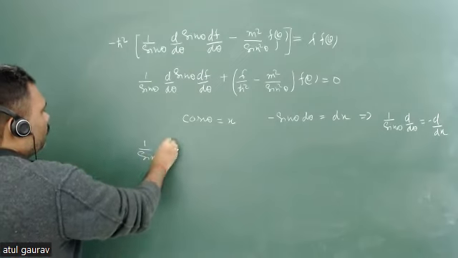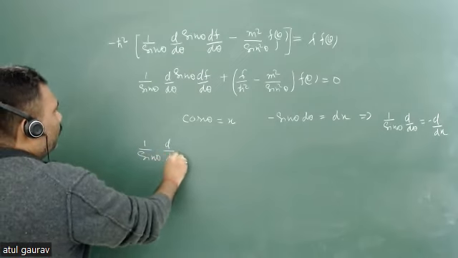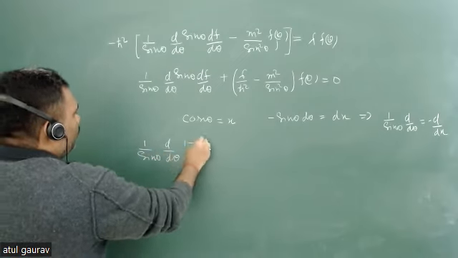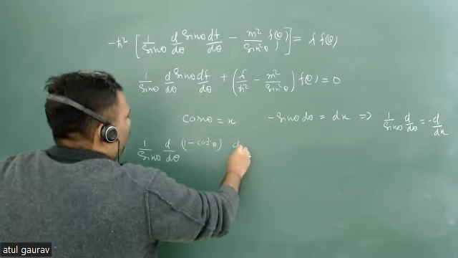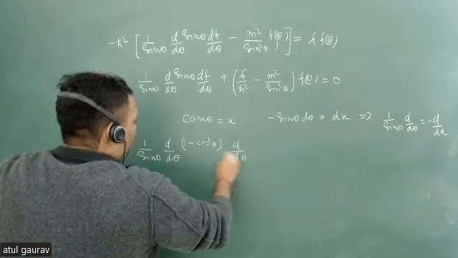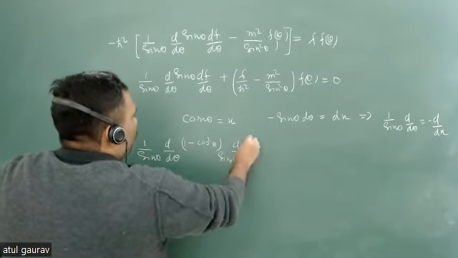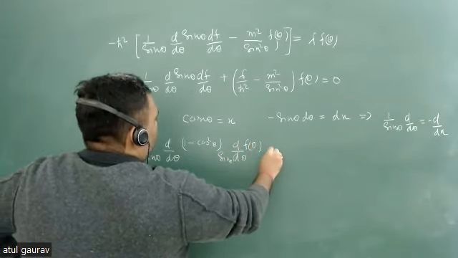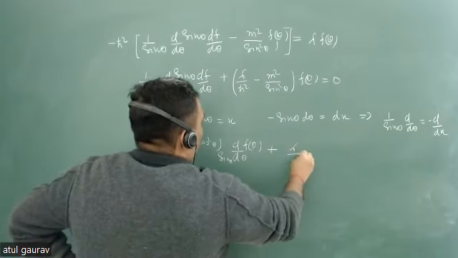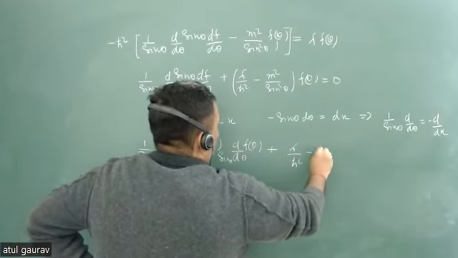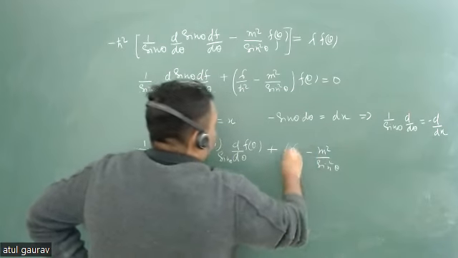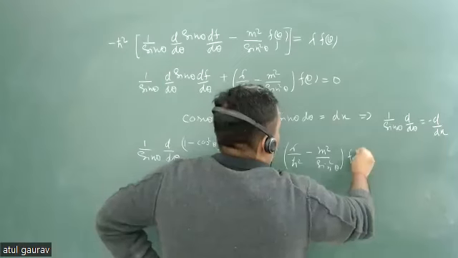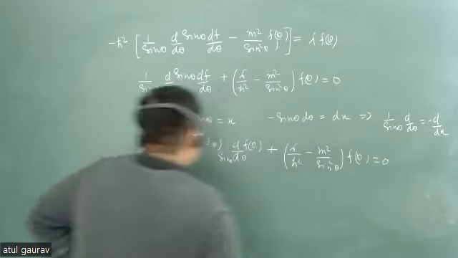That is 1 upon sine theta d upon d theta 1 minus cos square theta d upon d theta, and sine theta is also there. F theta is also there. Plus lambda upon h cut square minus m square upon sine square theta f theta must be equal to 0.